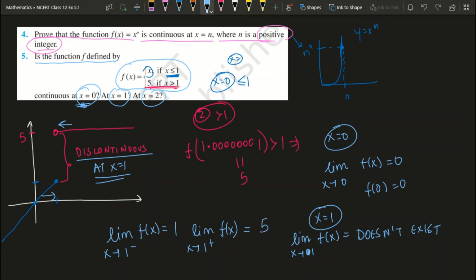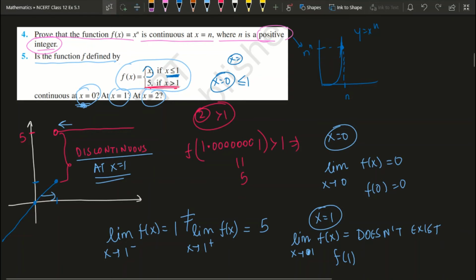And since the left hand and the right hand limits are not equal, the double-sided limit just doesn't exist. So if the limit does not exist, there is no point in checking f of 1. Even if it exists, there is no question of this being continuous at x equals 1.